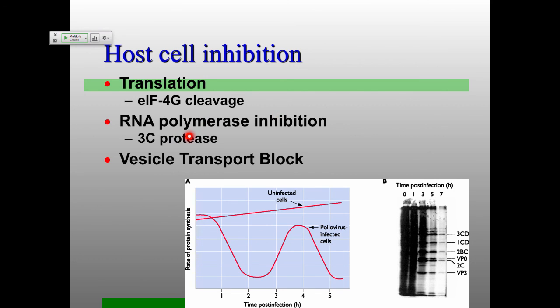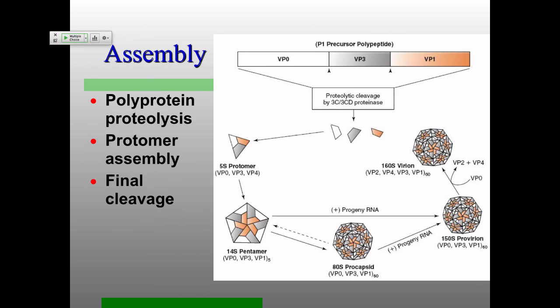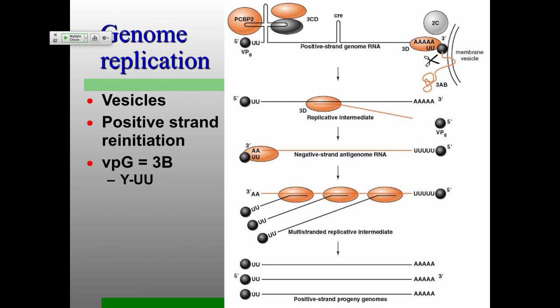One of the things that I forgot to mention about the replication process, you may have noticed, I'm going to back up here really quickly, is that the VPG protein is part of this 3AD protein, which binds to membrane vesicles. And we talked about membrane vesicles in terms of those plant viruses replicating to escape from the RNA interference machinery.